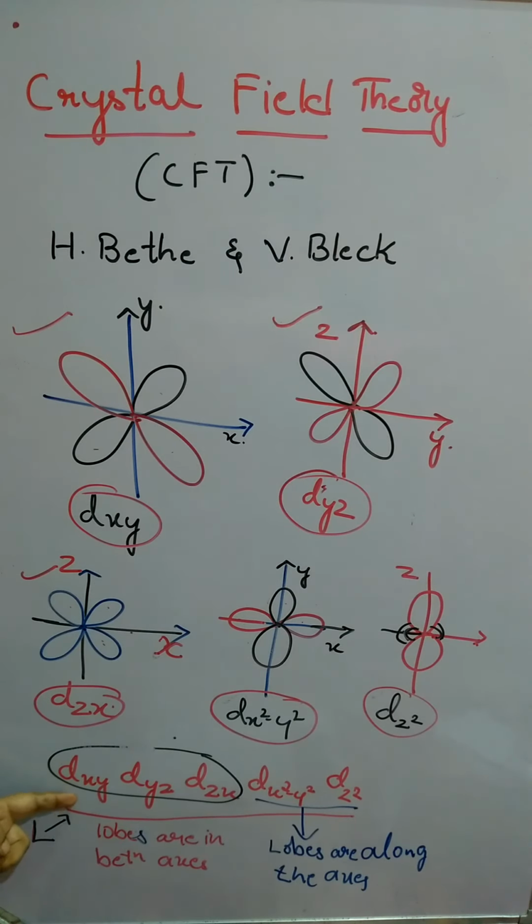If it experiences more repulsion, then the energy of these orbitals will be more. So understand properly: more repulsion, more energy.